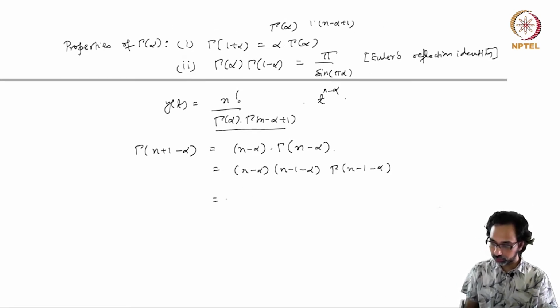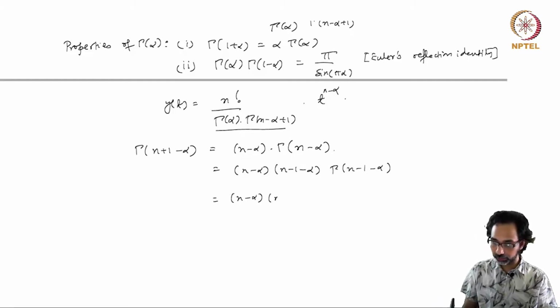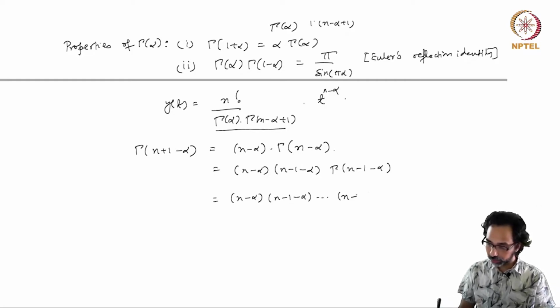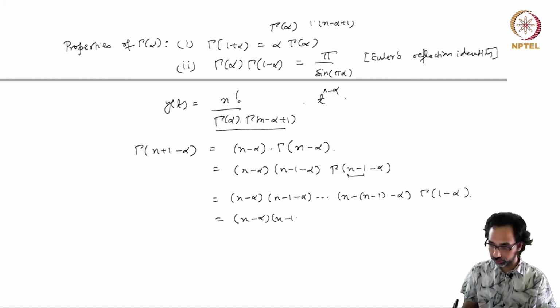And we will stop when the argument reaches 1. So you will get n minus alpha, n minus 1 minus alpha, up to 1 minus alpha, and then you get gamma of 1 minus alpha. So this is a falling factorial.